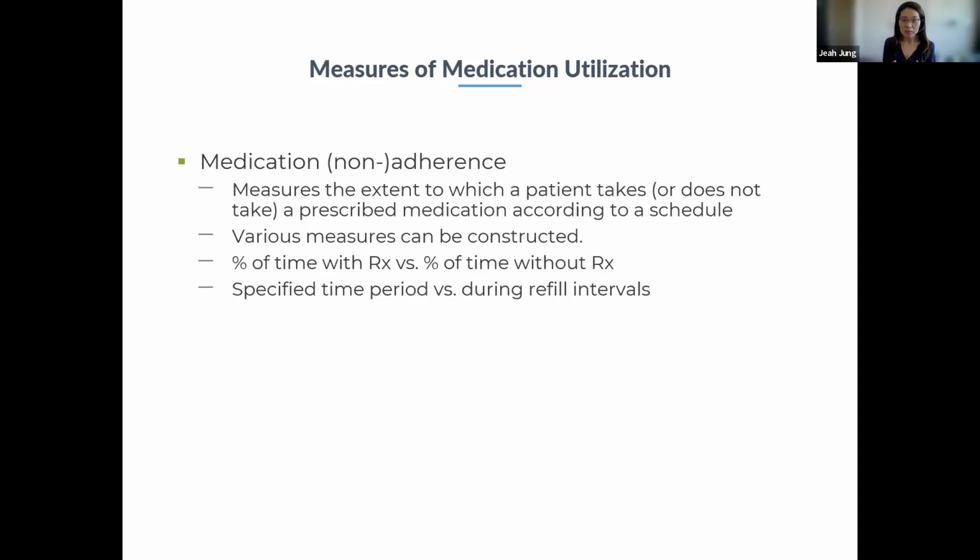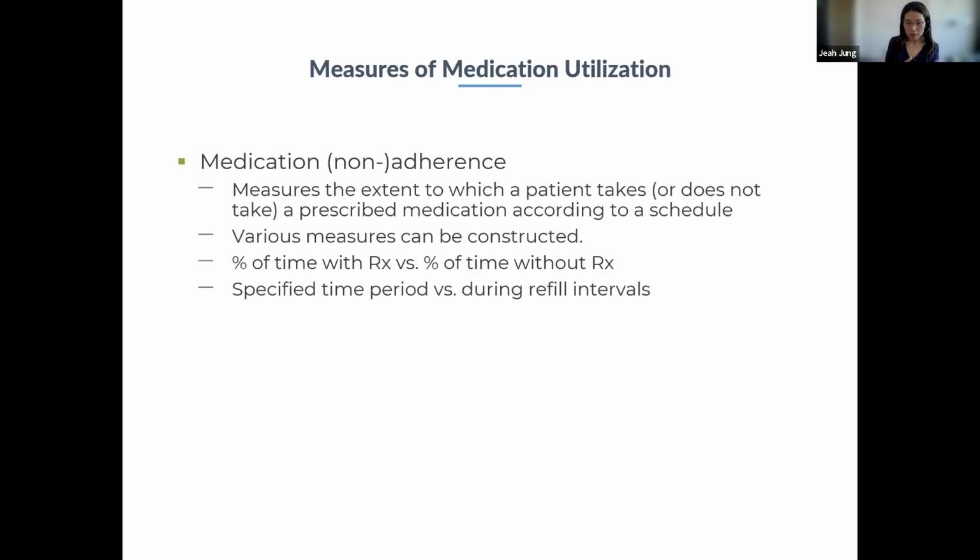Medication adherence means that these measures capture the extent to which a patient takes, or does not take if you're interested in non-adherence, a prescribed medication according to a schedule. A variety of measures can be constructed to capture medication adherence or non-adherence.